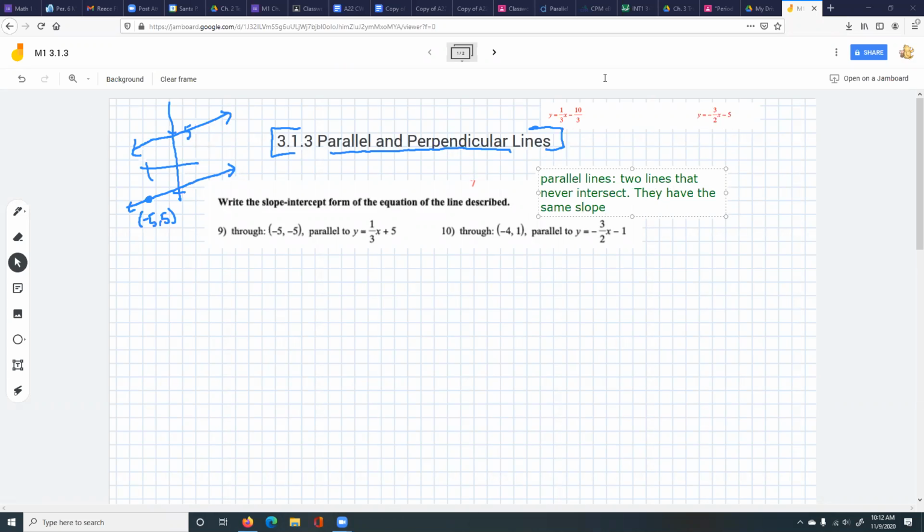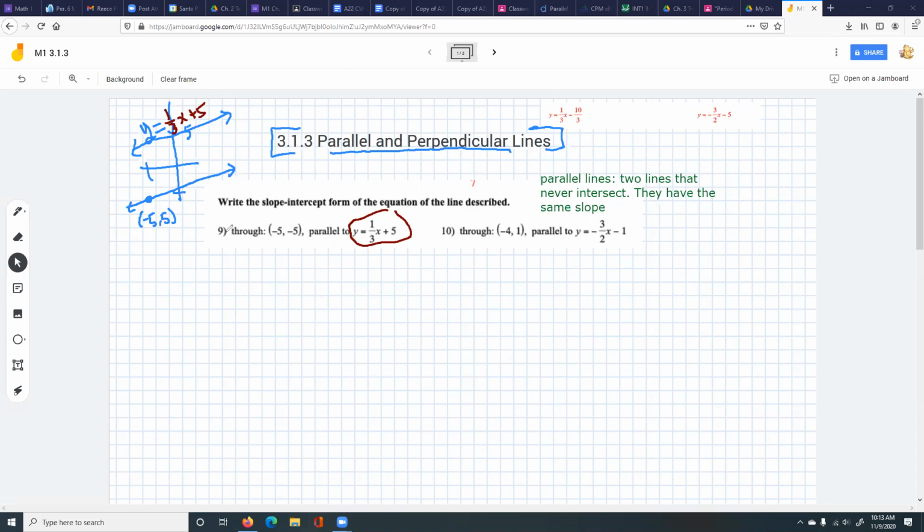So this line right here, I know the equation of this line. Sorry, I have to get my pen back. It's so hard for me to go back and forth on here. I know the equation of this line is y equals 1/3 x plus 5.